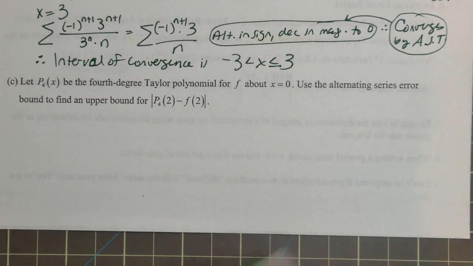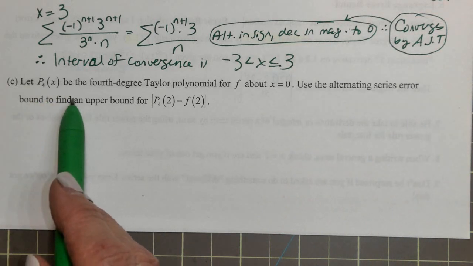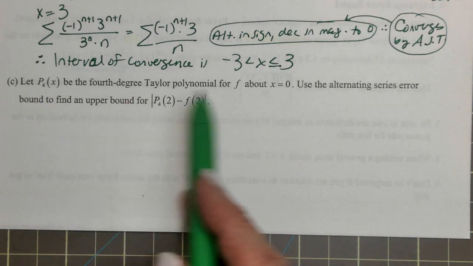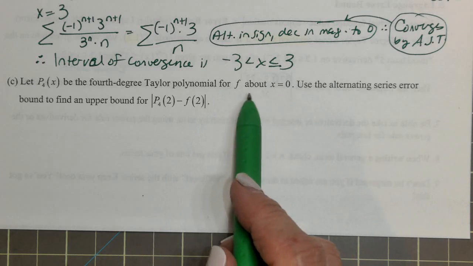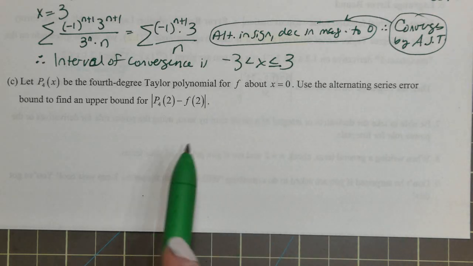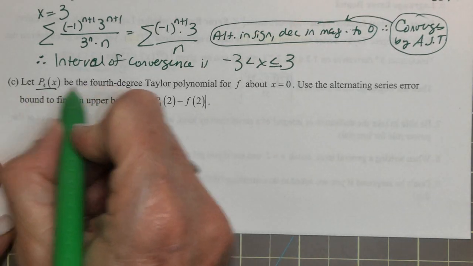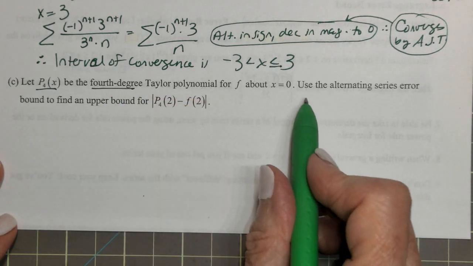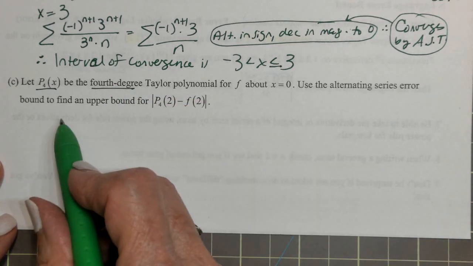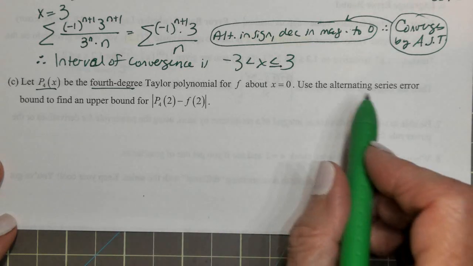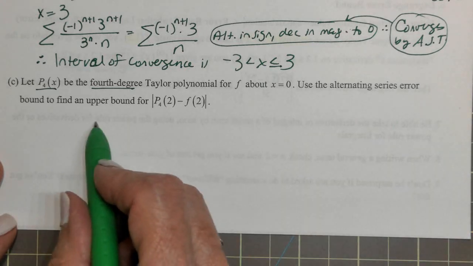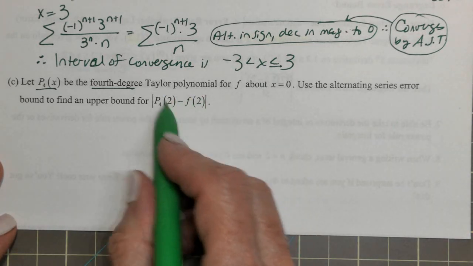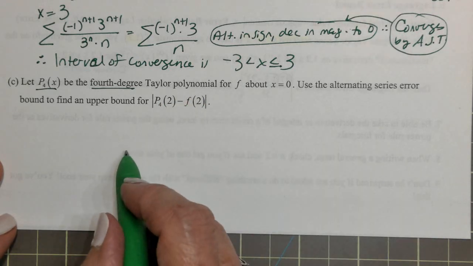Part C. Let P sub 4 be the 4th degree Taylor polynomial for f about x equals 0. Using the alternating series error bound, find an upper bound for the error, so just the error.